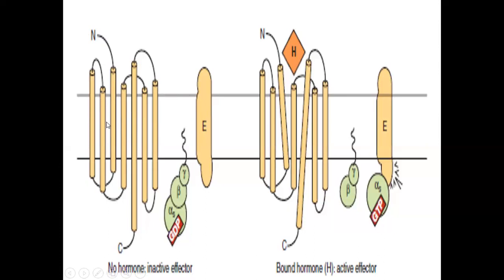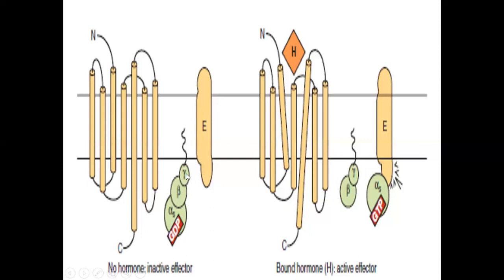Now, these cell surface receptors are coupled to another complex of proteins, which we call the G protein complex. It's a complex because it is comprised of 3 subunits, the alpha, the beta, and the gamma subunits.